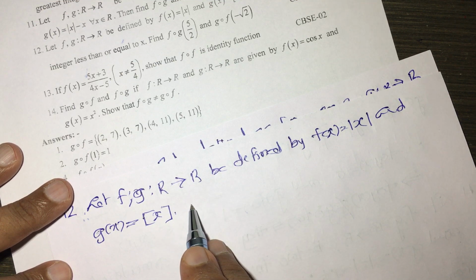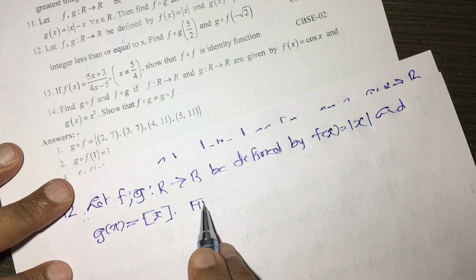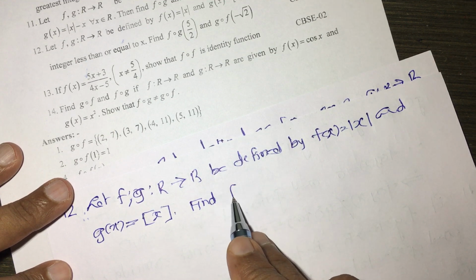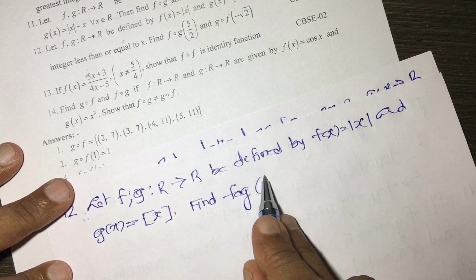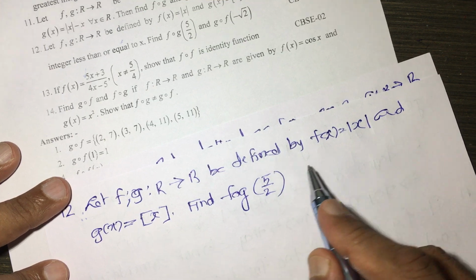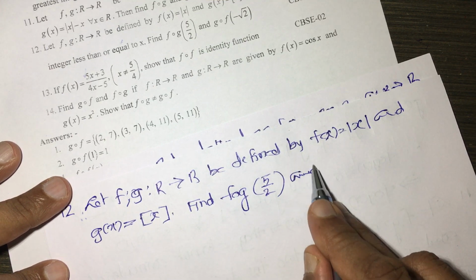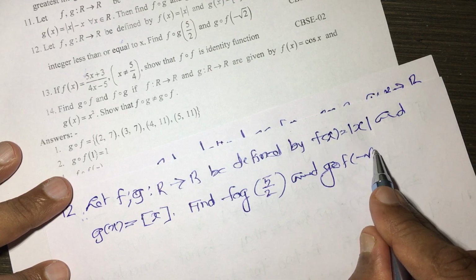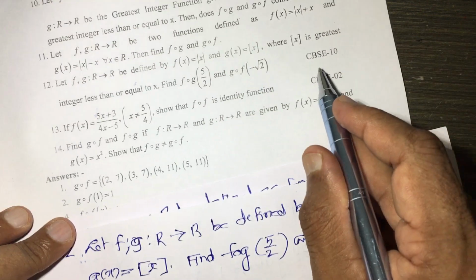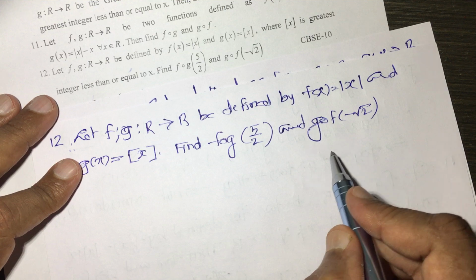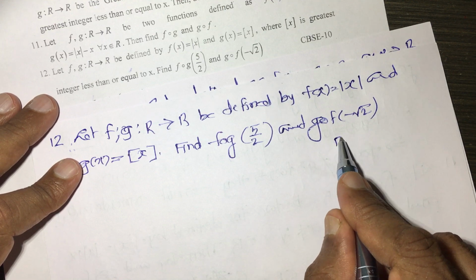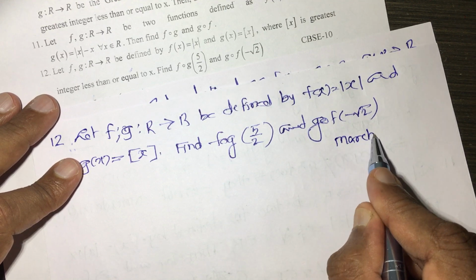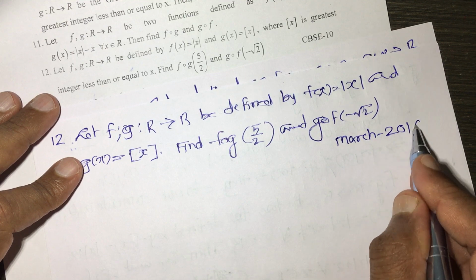Then find f composite g of 5 by 2 and g composite f of minus root 2. This is from CBSE 2010, and it also appeared in the March 2016 examination.